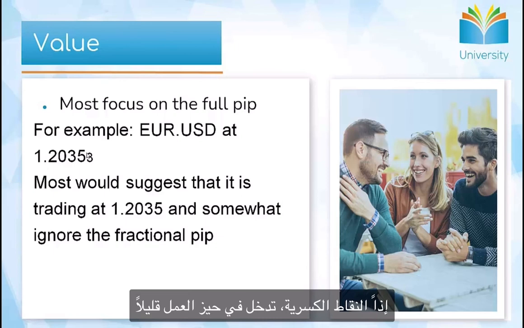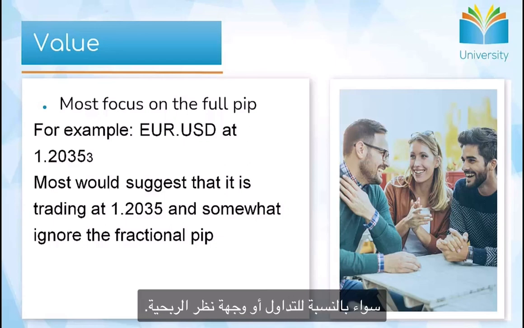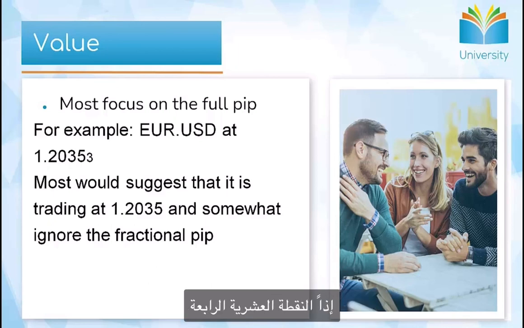So the fractional pips come into play a little bit, but they're definitely not the focus. Your focus is going to be on that fourth decimal point, both for trading and for profitability. So the fourth decimal point is where the pips are changing. And with the Japanese yen pairs, of course, it's just out to the second decimal point.